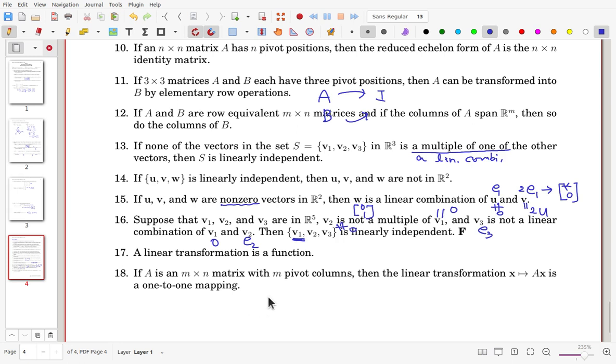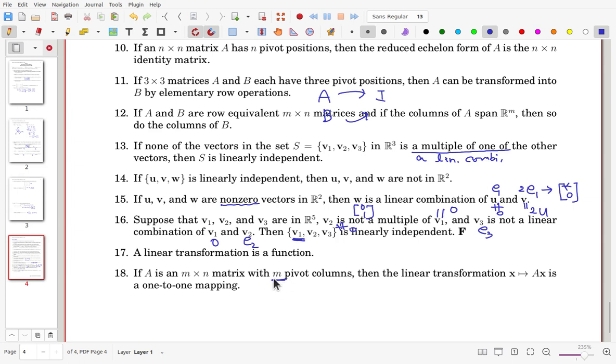Here m indicates the number of rows, n indicates the number of columns. m pivots means that each row has a pivot, but it doesn't mean that each column has a pivot, right?